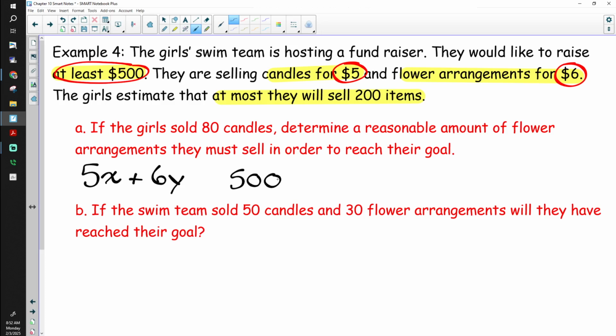How much do we want? A good way to figure it out is to think of this in context. Could you get exactly $500 and make our goal? Right? Since we can get exactly 500, we know we're going to have the line underneath.